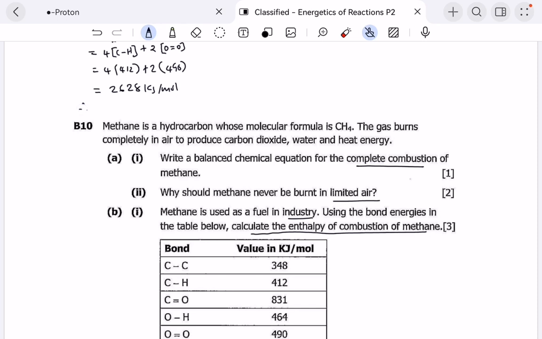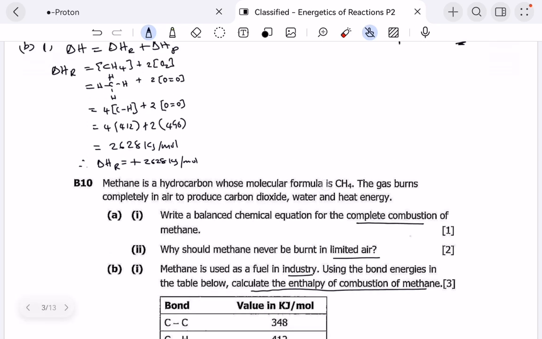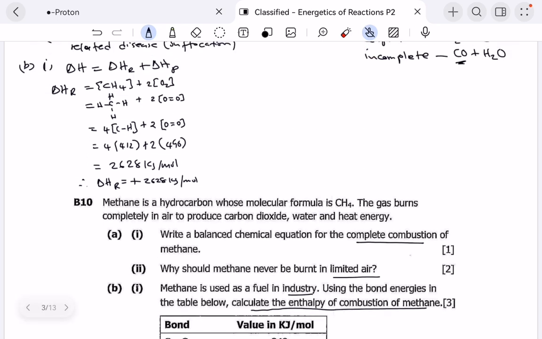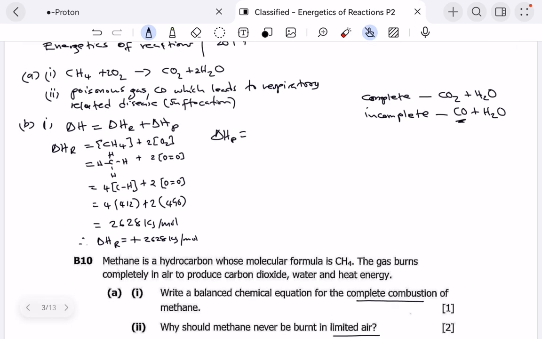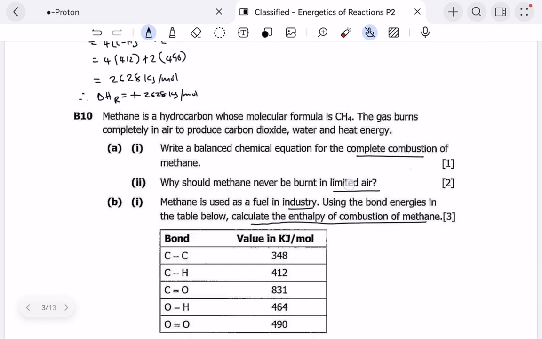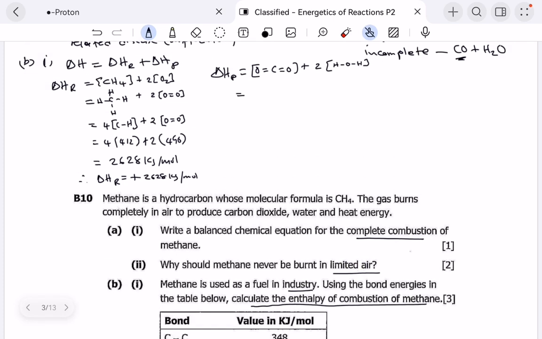Now this is the enthalpy of reactants, which is bond breaking, denoted by a positive 2628 kJ per mole.